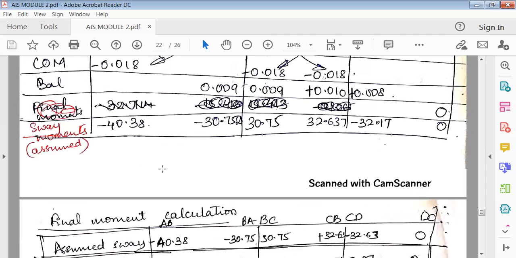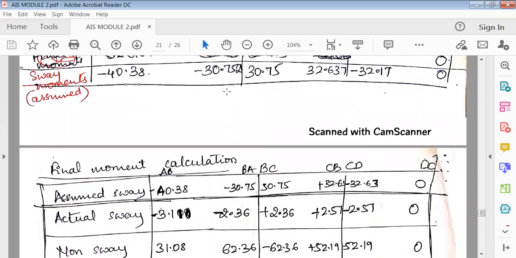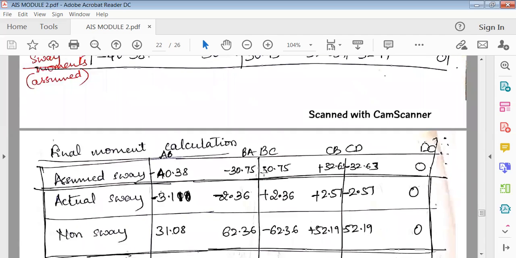So assumed sway, sway analysis 40, 30, 40, 30. All these things you have to go on writing with the signs. Next is the actual sway.